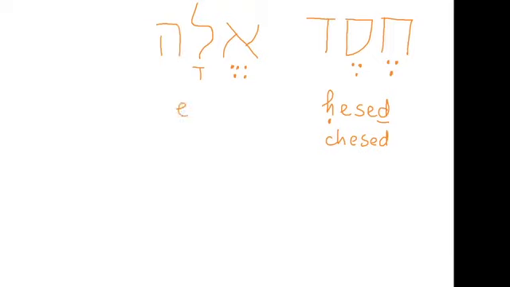This is pronounced as Elah and transliterated as an Aleph, the reduced E, the Lamed, and the AH is one vowel, Elah. The last one.